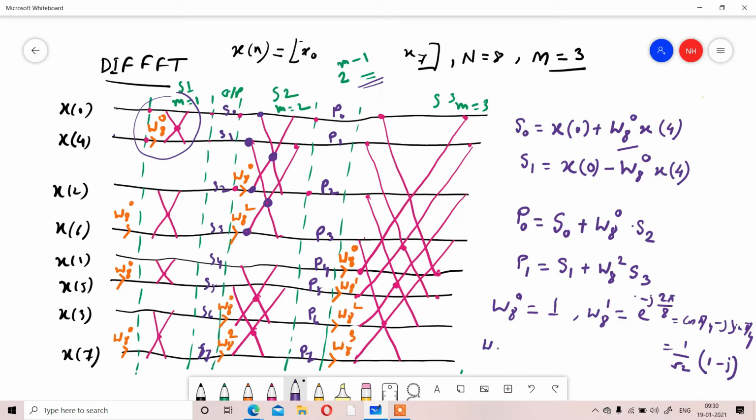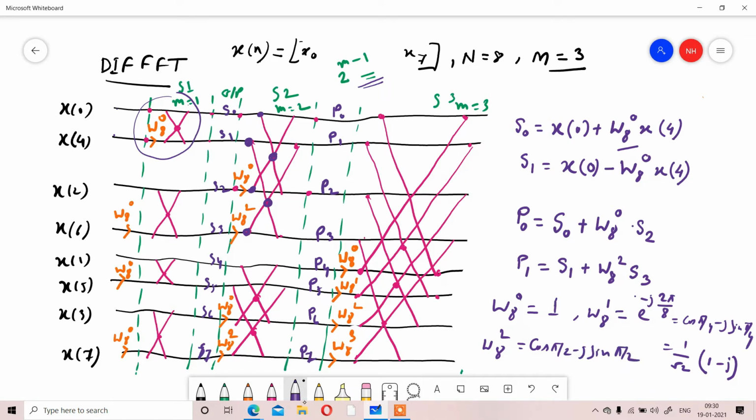Similarly, W82 value will be that exponential squared, meaning minus j pi by 2. So it will be cos pi by 2 minus j sin pi by 2.